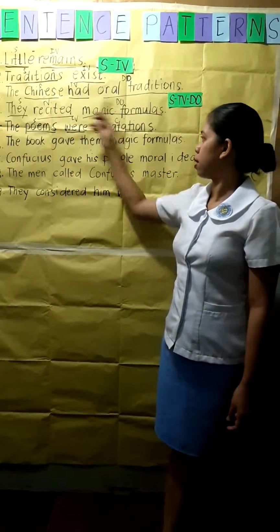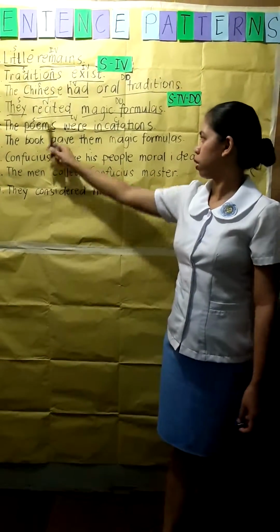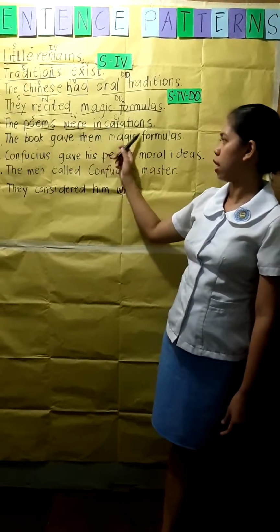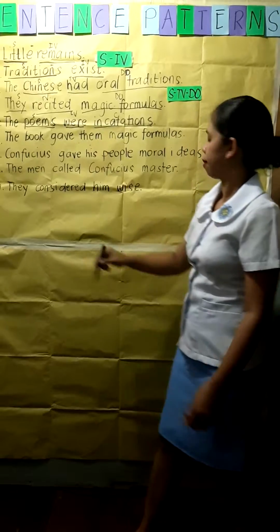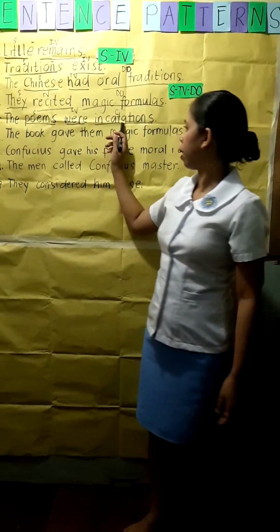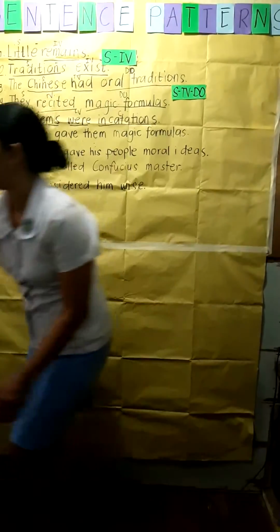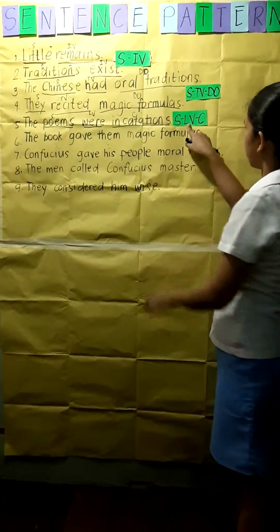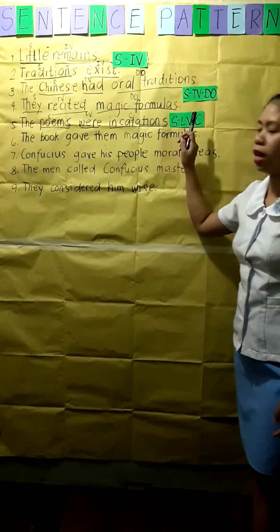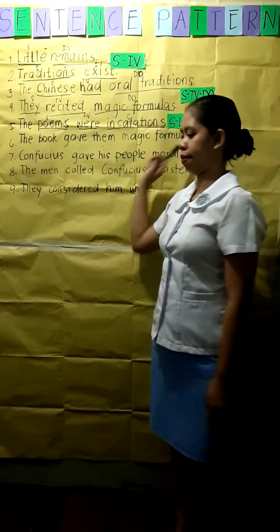This complements the poem. So what are the poems? They were incantations. So we have subject, linking verb, and the complement. Therefore, the pattern for this sentence is SLVC. So subject, linking verb, and complement.